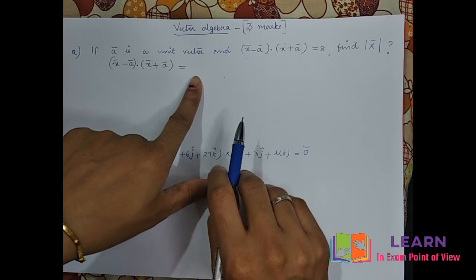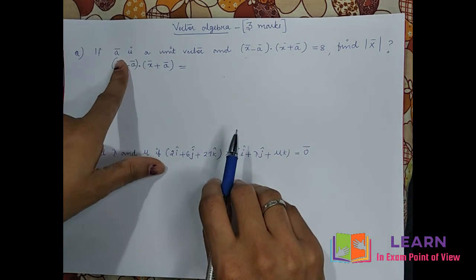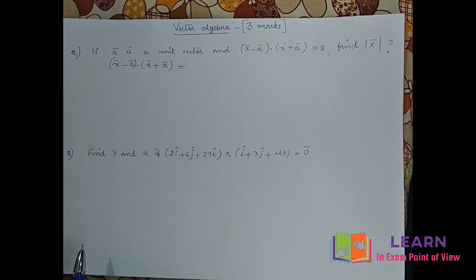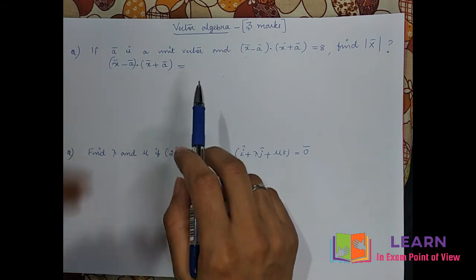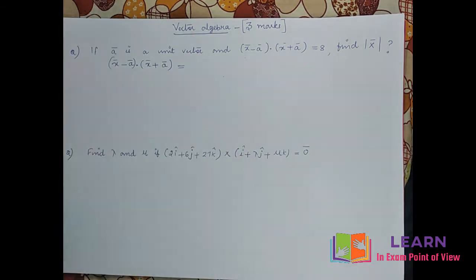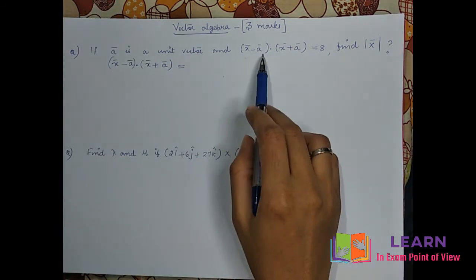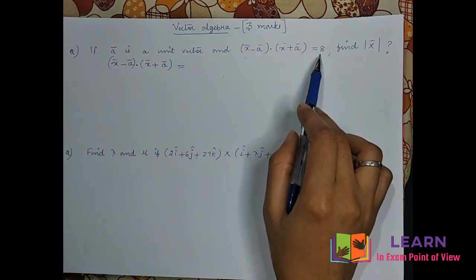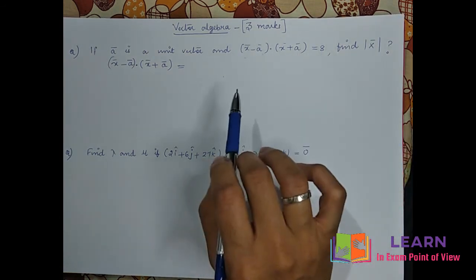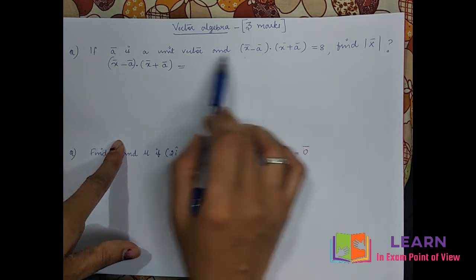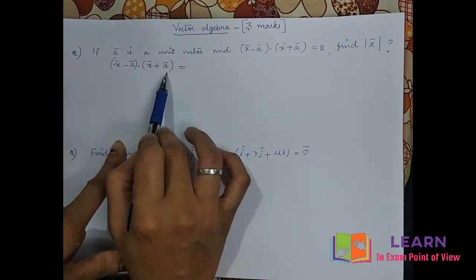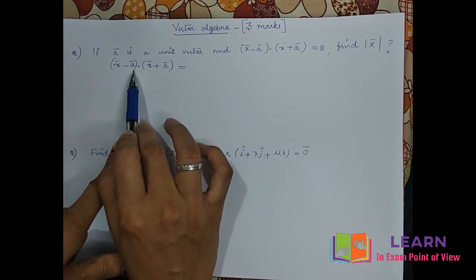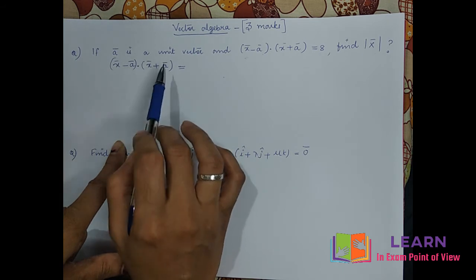Okay, another type of question: if A vector is a unit vector, that means its value is 1, and x minus a dot x plus a is 8, we have to find mod x. So here, x minus a dot x plus a is like a minus b into a plus b, a square minus b square.